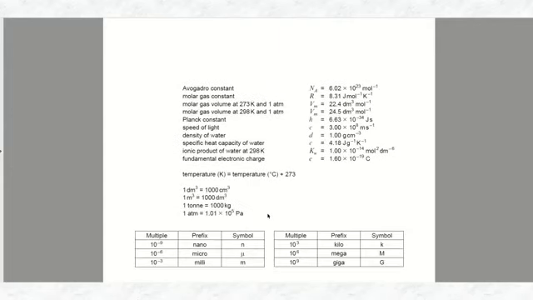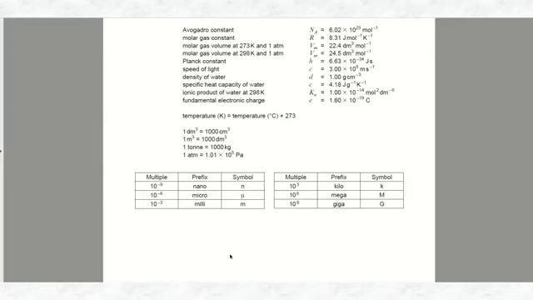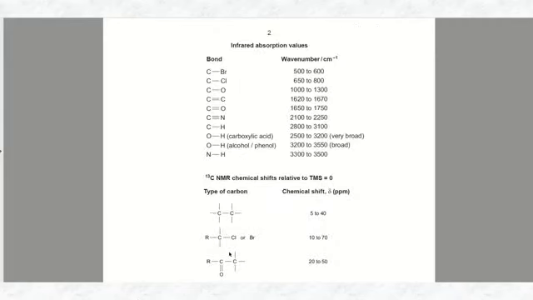And then there's some extra information that helps down here, a little bit of information about temperature conversion and some mathematical conversions and prefixes, suffixes. Then also we've got an infrared absorption values table with some basic information. So we'll have the wave number of various ranges of peak, and we have the bond that is assigned to. So, for example, 500 to 600 would be the carbon-bromine bond.